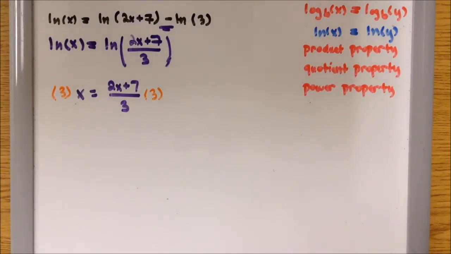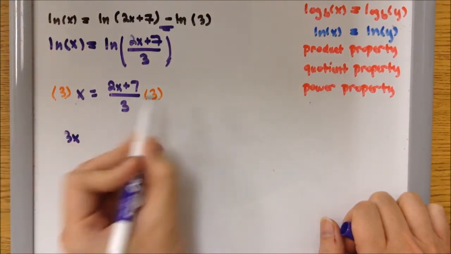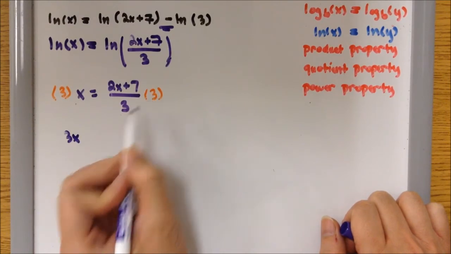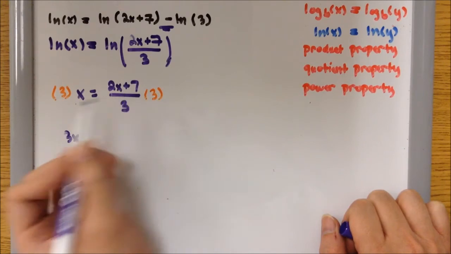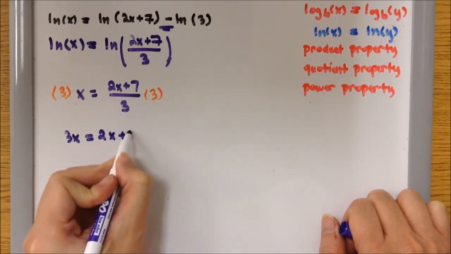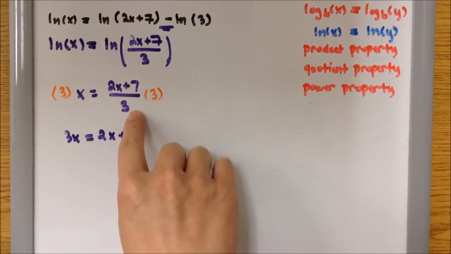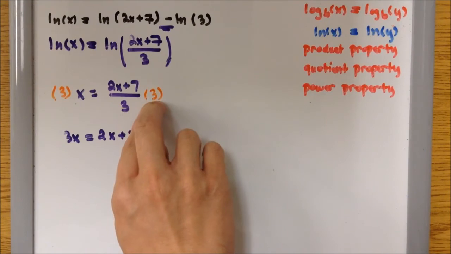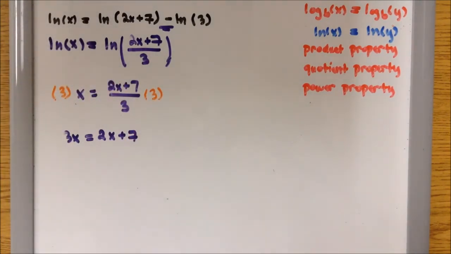So doing that, on my left side it would be 3x, and on my right side, 3 divided by 3 is 1, and then 1 times the numerator is just 2x plus 7. So again, 3 divided by 3 is 1. Then what I get from here, 1 times the numerator is just 2x plus 7, right there.